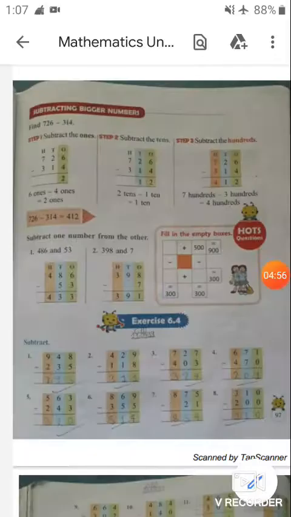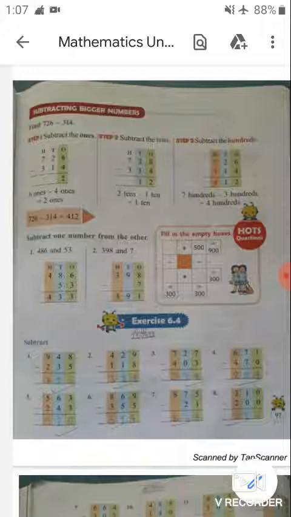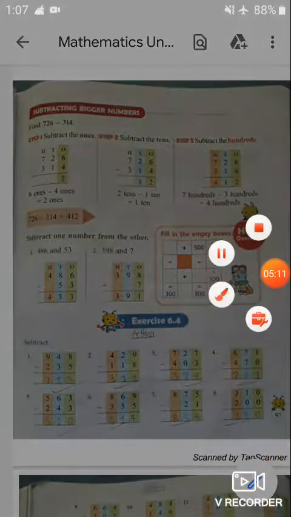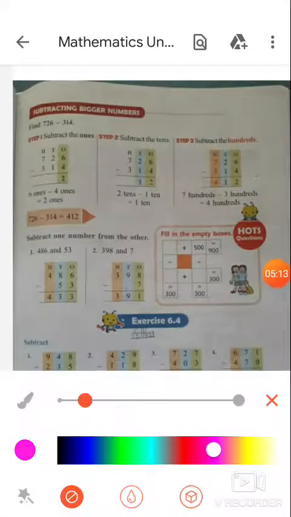So students, let's come to the exercise of this chapter, 6.3. In question number 1, let me tell you how to do this. As you know, the 3 steps that I explained to you: first of all, subtract the ones. So here 8 ones minus 5 ones, you will get 3 ones.